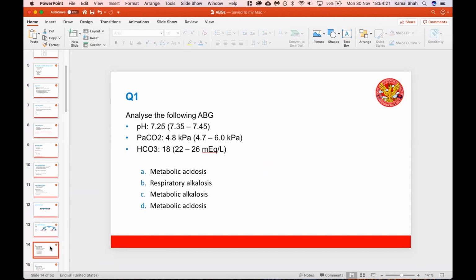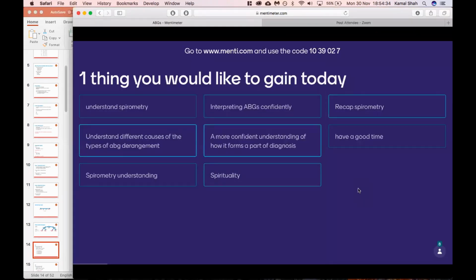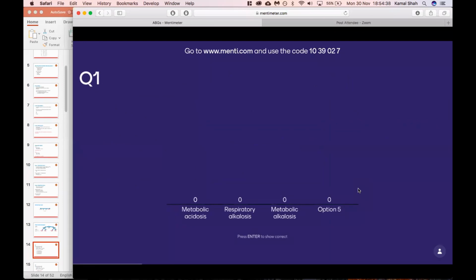Okay, so the first question of the day, I want you to analyze this ABG. Okay, so what I will do is, let me just open up the Menti. Spirituality. Don't think I can offer you that today. So hide the results.